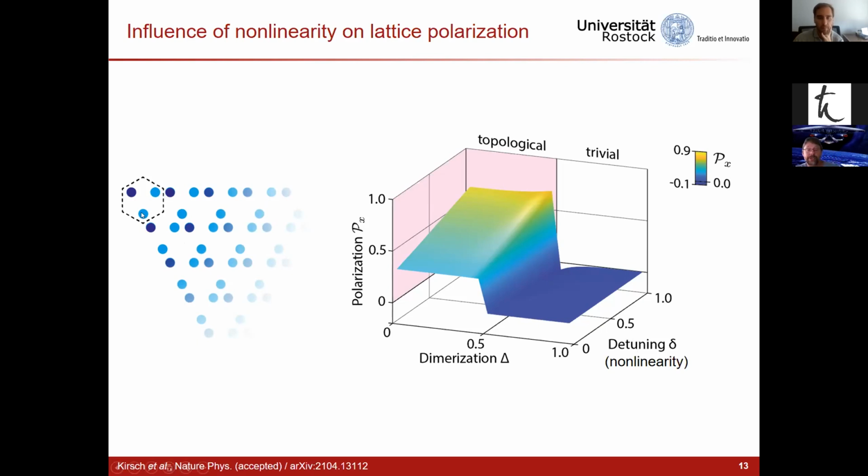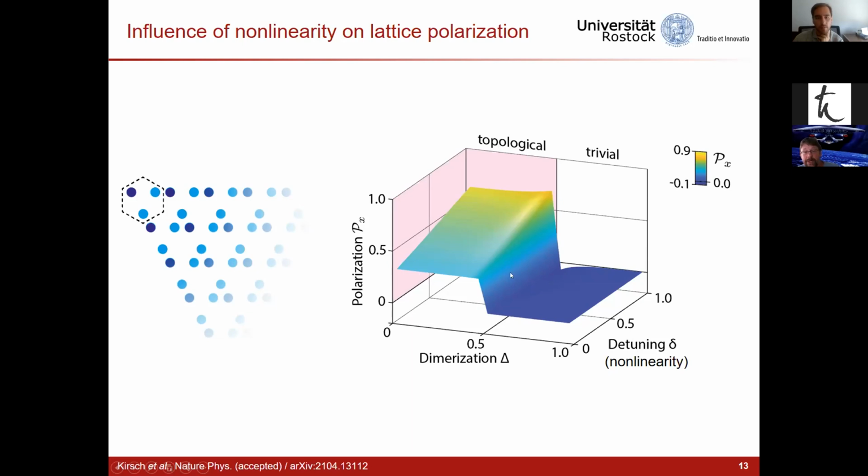And with this, you can actually calculate the polarization. Here, I just show you the px polarization. And again, you see, even for the detuning that goes up to 1, which is almost unrealistically high, a polarization that remains 0 or even goes to negative values. That means it's really not positive. So it's really topologically trivial. And only for dimerizations lower than 0.5, it jumps to values above 0.